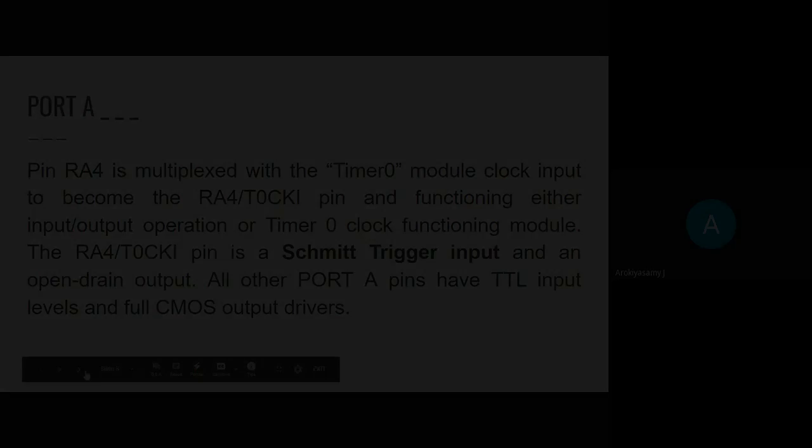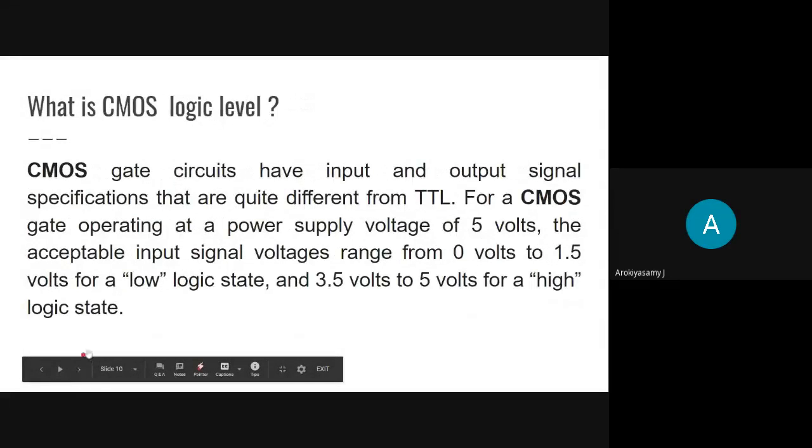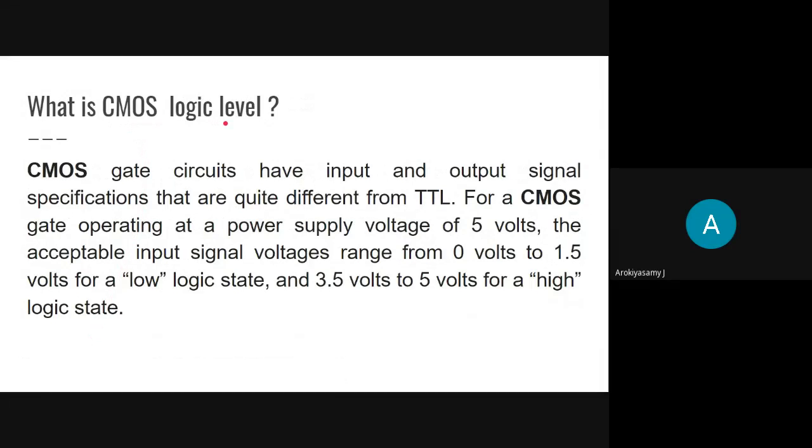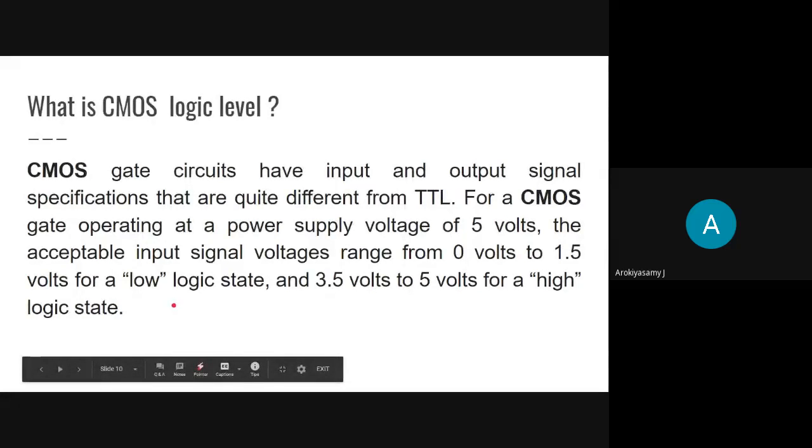What does it mean? Here I have the answer. The chip is adaptable with TTL devices as well as CMOS devices. The peripheral devices can be either TTL or CMOS, so both interfacing types are possible.